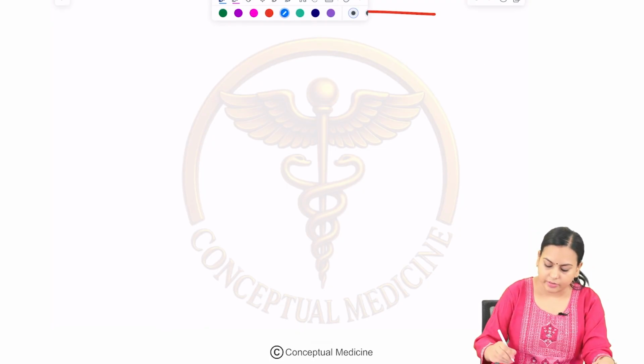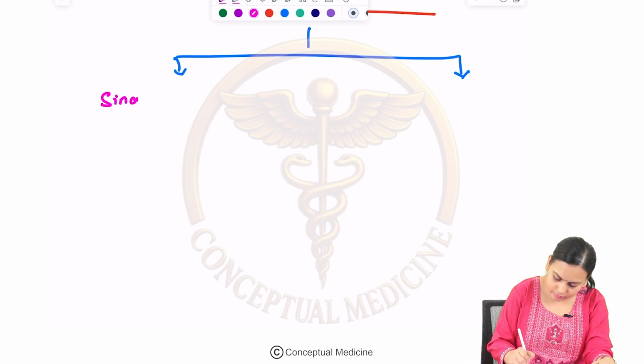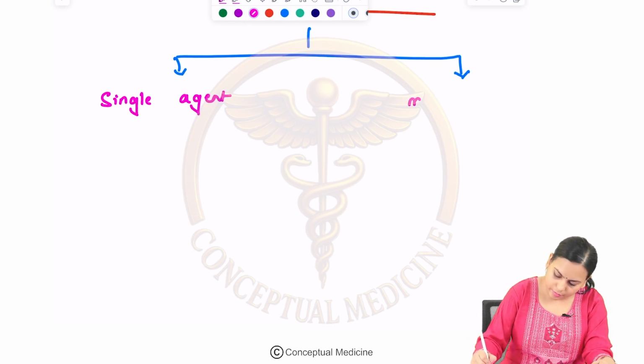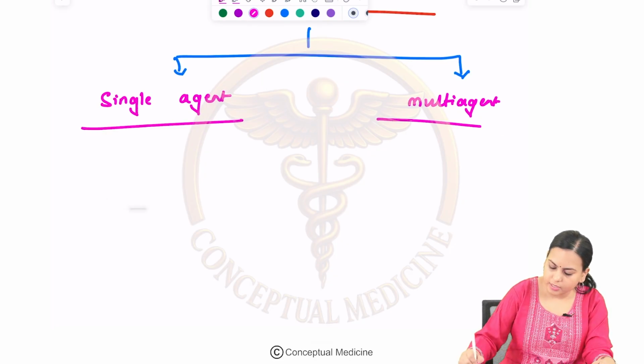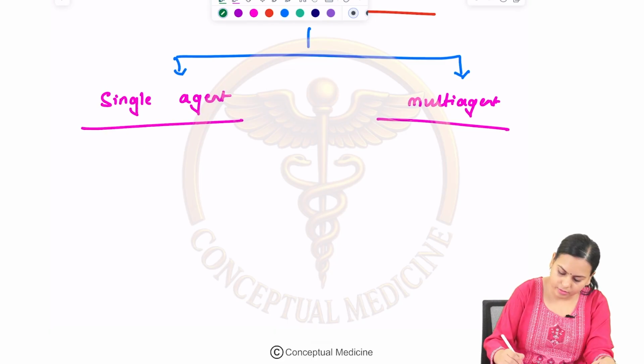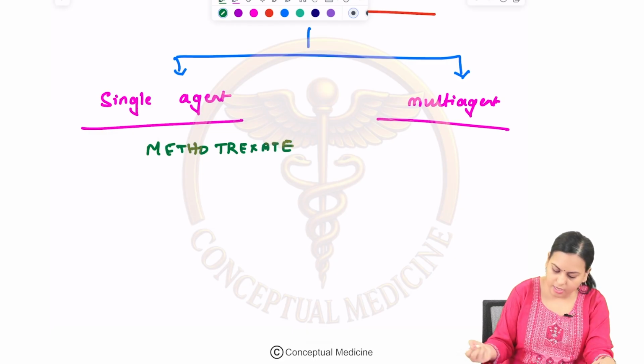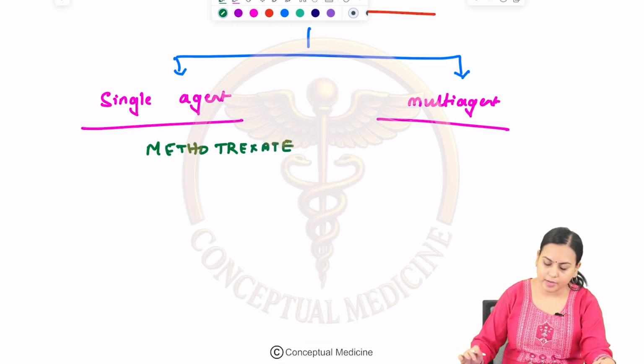Chemotherapy, as we have said already, can be classified into single agent chemotherapy or multi-agent chemotherapy. Single agent chemotherapy means we will be using the drug methotrexate. Very important. Multi-agent chemotherapy I will explain separately.